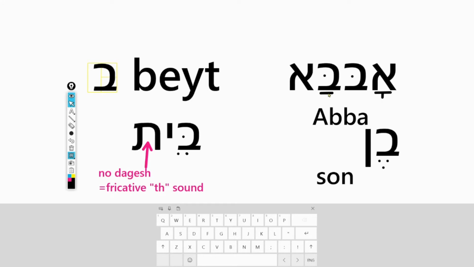This is the patak, the plain line, and that means A sound as well. There's not any difference that I can actually tell between the sound of the kamatz and the patak, but it's because I'm not an Ashkenazi or Sephardic Hebrew speaker. Okay, this simply means Abba.